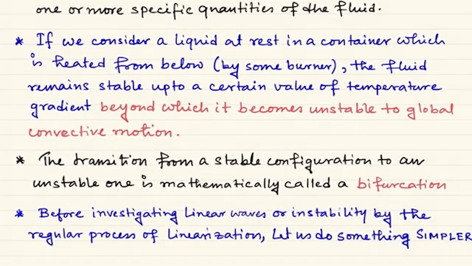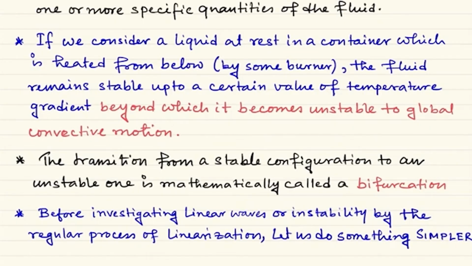Now this convective motion basically designates the transition from the stable steady state to the unstable steady state. If your system is perturbed with respect to a state where the heat was conducted just by conduction, then any small perturbation would die out because of some linear modes.